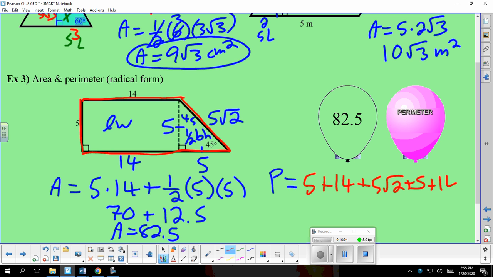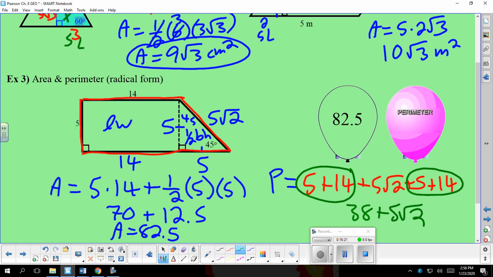So what I'm going to do is go ahead and combine all the ones that don't involve a radical. So I get 19 plus 19 is 38 plus 5 root 2. See if I'm right. Oh, that's in the simplest radical form when we combine radicals.